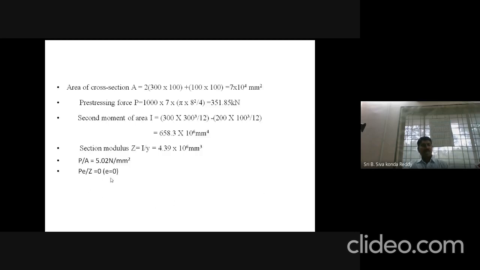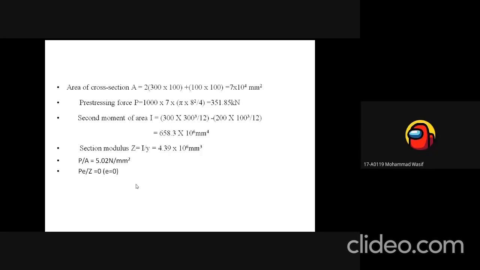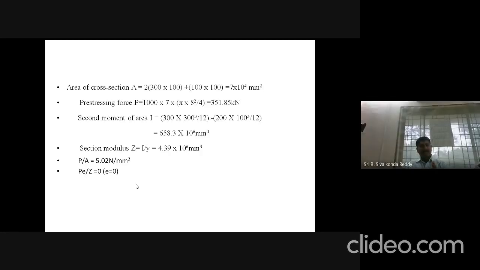Now coming to eccentricity. We are given pre-stressing cables scattered at different locations, some at top, some at bottom. As this is a pre-tensioned member, it should be prefabricated or precast. So not only for the service loads, this is to be designed for handling stresses.